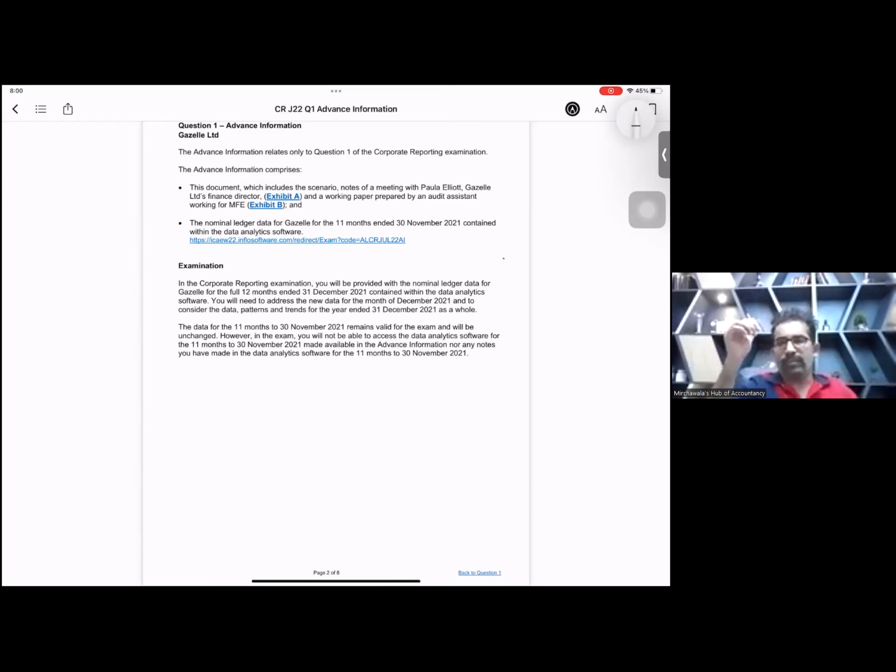Okay. So I have observed that after this change, the passing rate of ICAEW corporate reporting has improved. Now students can clear easily as compared to the past, right? Now, one more thing I would like to say, I'm just going to discuss this advanced information, and this is the first class.